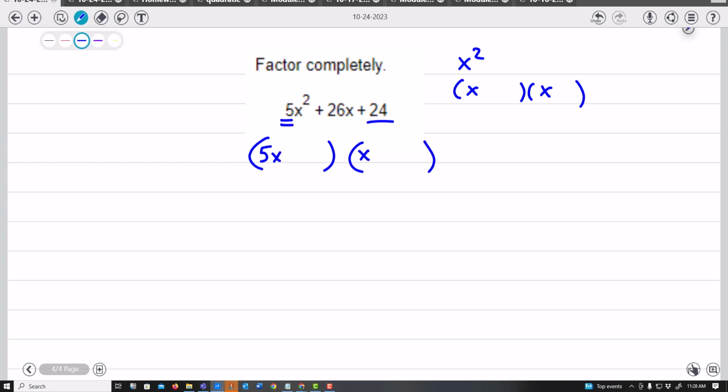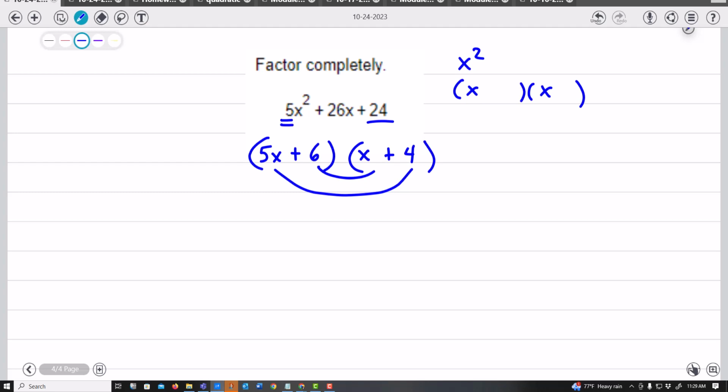And so that's probably not the best way to teach you because students will just sit and stare at that. And I'm like, oh, well, even though 6 and 4 works, that's not going to add to get 26. But since everything's positive, I know those are positive, think of this, 5 times 4 and 6 times x, so 26. So that's how I do it.